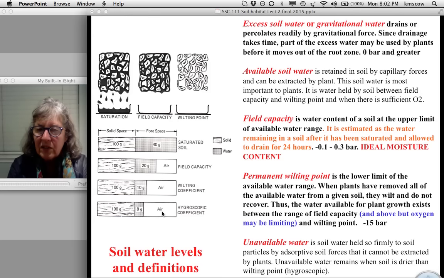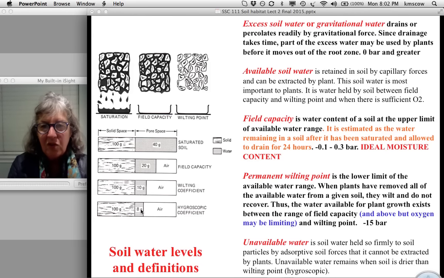Hygroscopic water is any water that remains held very, very strongly to soil particles by adsorptive forces, and it can't be extracted by pretty much anything. Even a very hot oven may not be able to remove all that water. You need a lot of energy to get that water out, far more energy than a plant can put into getting that water out, or even a microbe.